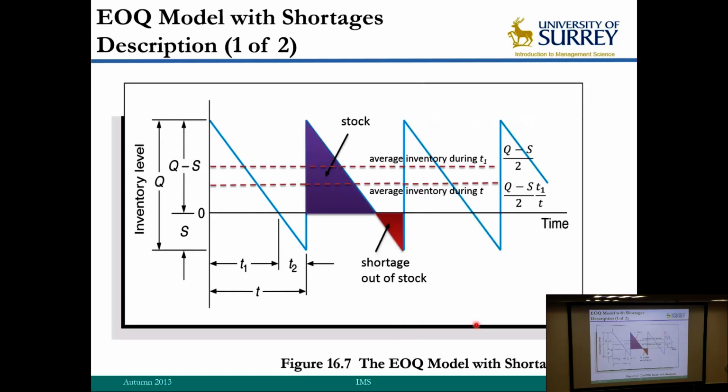Okay, let's take a look. If we only consider T1, this is the average level here, but if we consider T as the whole time period, apparently we have slightly lower average levels here.